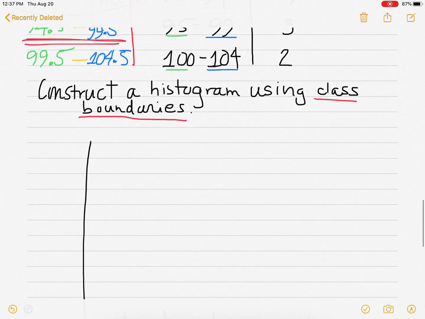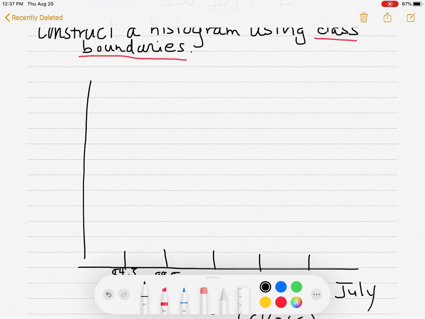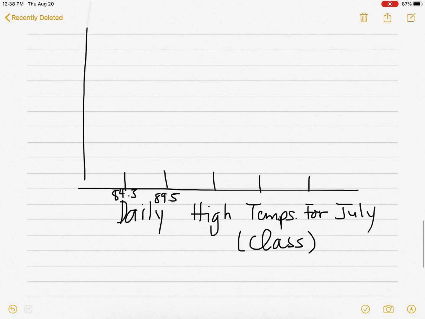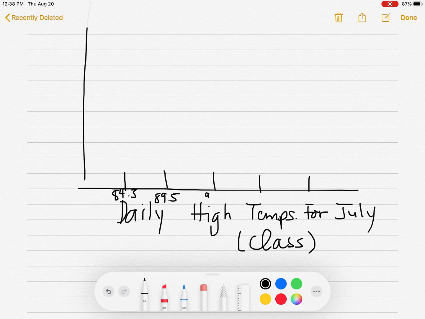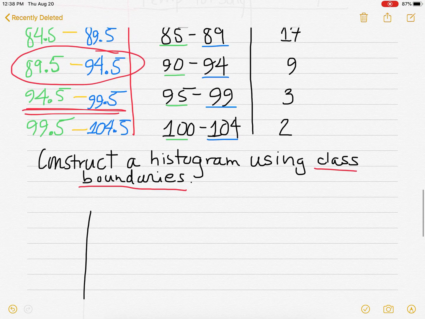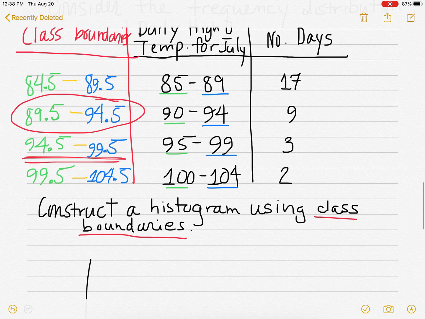And then the next boundary is what, 94.5? And the next one's what, 99.5? And the last one's what, 104.5? Those are the boundaries, right? You put them at the interval markings.